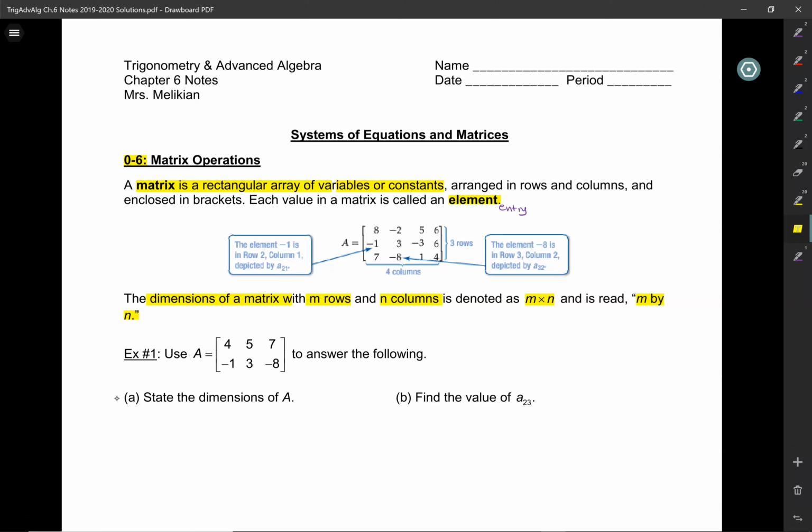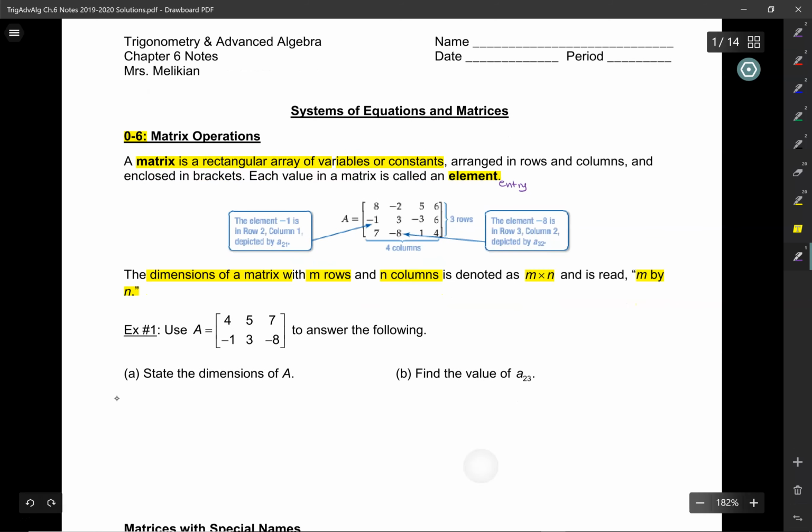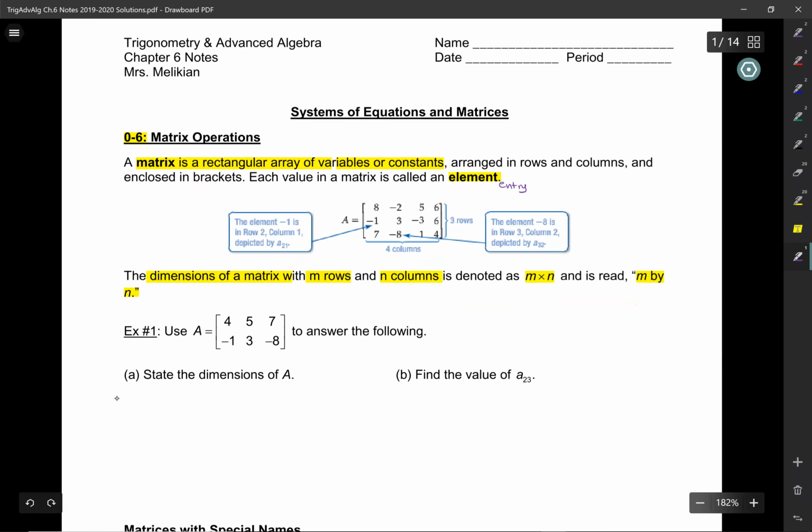So rows first, then columns. Look at this matrix here. Rows are the horizontal ones. So how many rows do I have? 1, 2, 3 rows. And I have 1, 2, 3, 4 columns. So this is a 3 by 4.